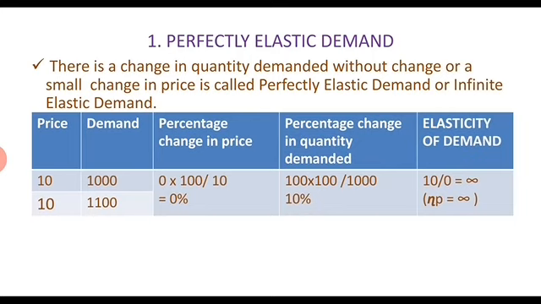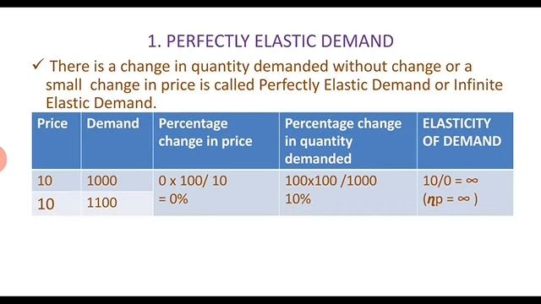In this table, at the beginning the price is 10 rupees and demand is 1000. When the price is the same at 10 rupees, demand increased from 1000 to 1100.